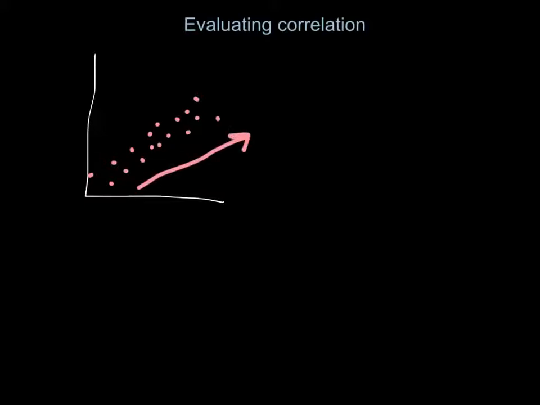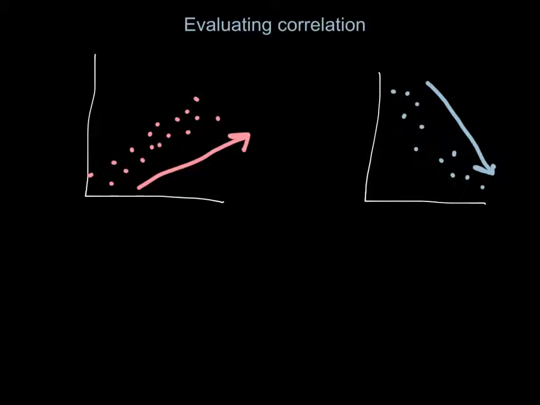We also have a negative correlation. So this is when all of those dots are kind of forming in a random way, but they are going negative. So they are descending.